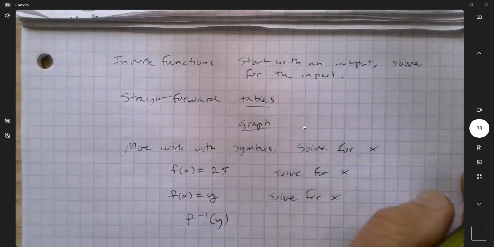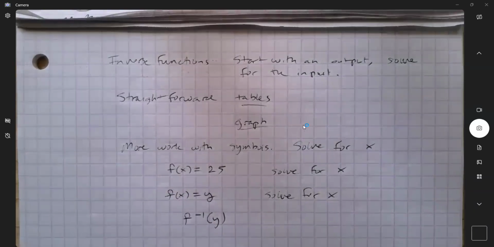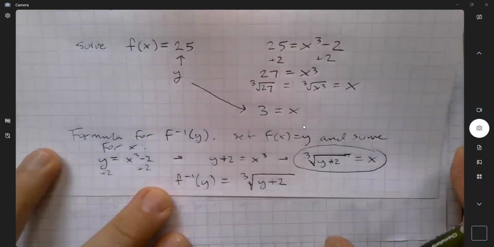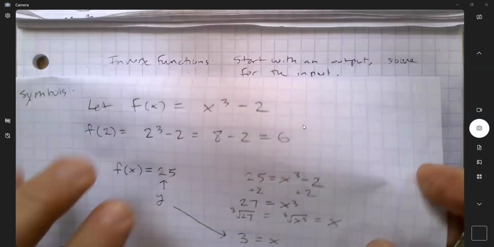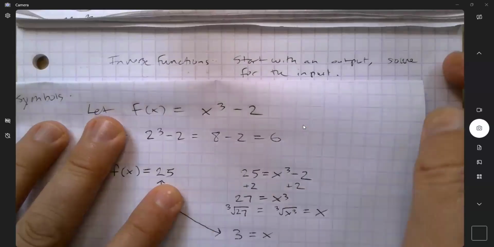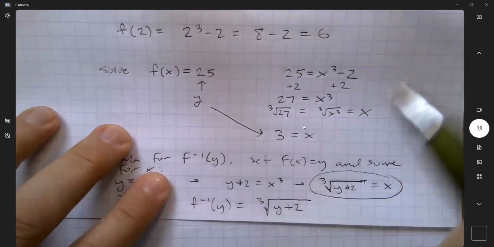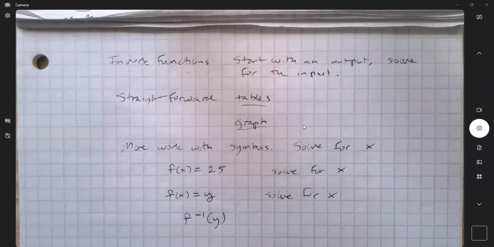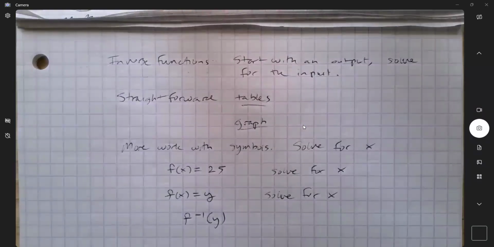The words, how I would do words as an inverse function, I actually kind of talk through it. I'm not going to write it all out. But if my function cubes x and then subtracts 2, first I'm going to have to add 2, and then I'm going to have to take the cube root. Sometimes this is called the socks and shoes method.